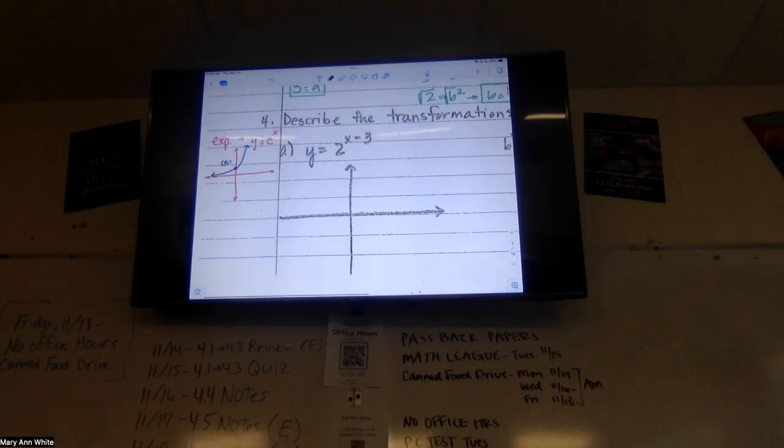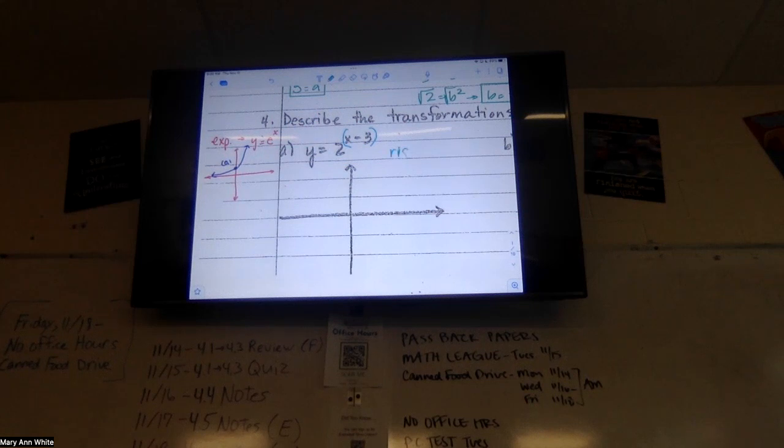So if I look at this first one, what is this -3 attached to the x do to my graph? That's if it's multiplied. If it's minus, think about this as being in parentheses with the x. To the right 3, very good.